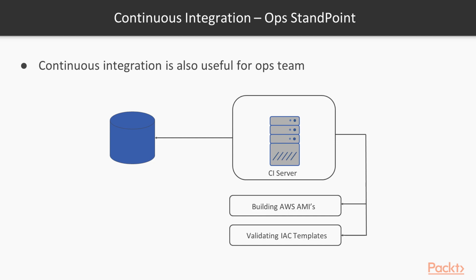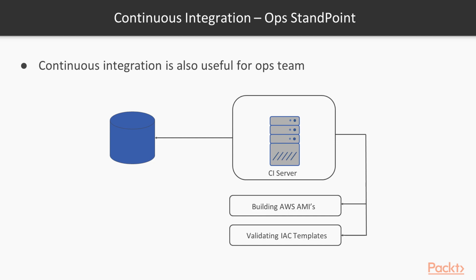So you might need a CI server which can validate your infrastructure as code templates. It can validate the JSON or YAML templates that you are writing, and if they are validated, it can go ahead and automatically build an AMI. So continuous integration is also useful for the operations team as well.